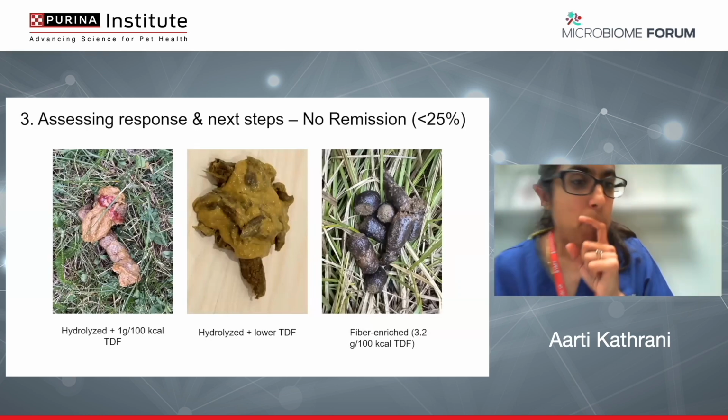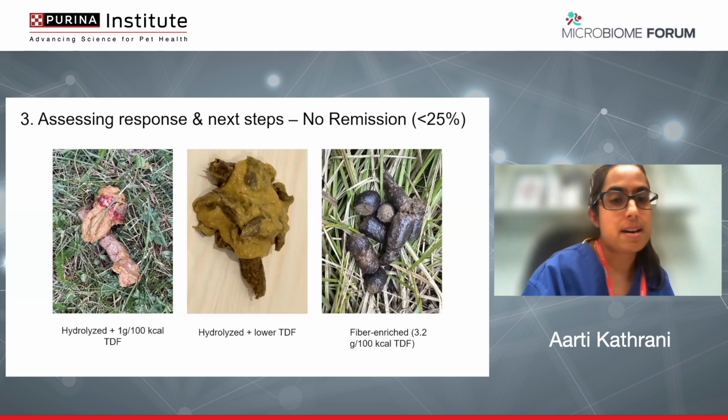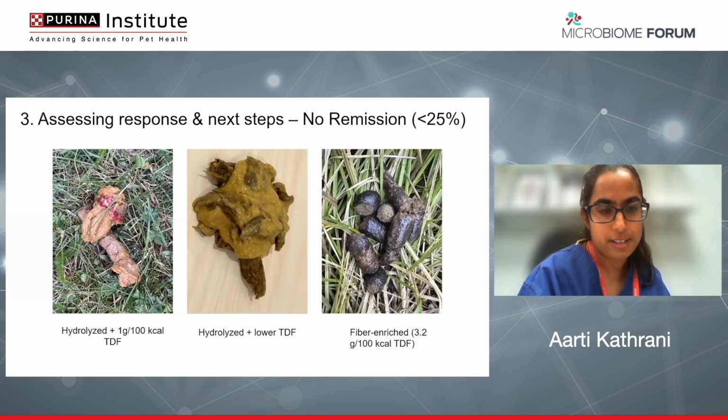So this is an example of a cat that had large bowel diarrhea. Initially, it had a hydrolyzed diet with a moderate, for a cat, total dietary fiber, and didn't go into complete remission. You can see on the left. So you would say no remission based on the percentage.